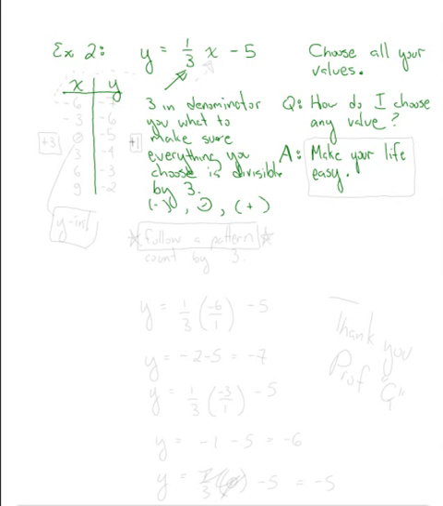Now, remember the big idea from the other page? Follow a pattern. The other thing that you want to do when you choose is follow a pattern, right? If we've got 3's right here, then count by 3's, you know? So that you can just kind of start filling in the table. So what's that going to look like?